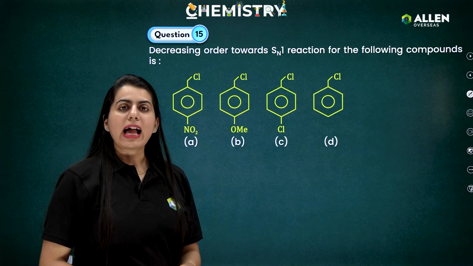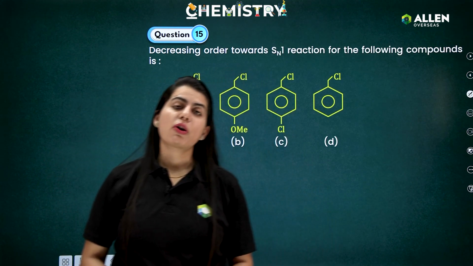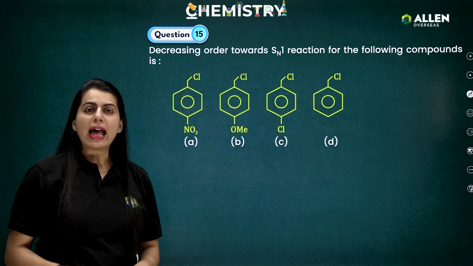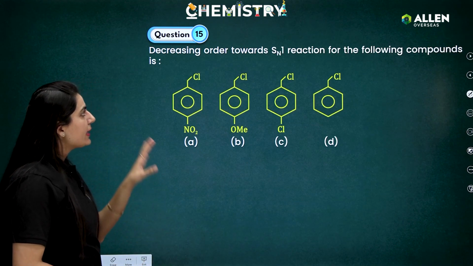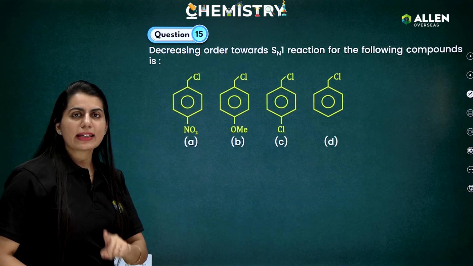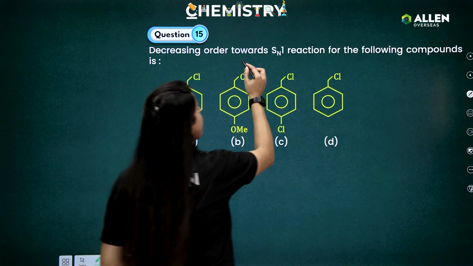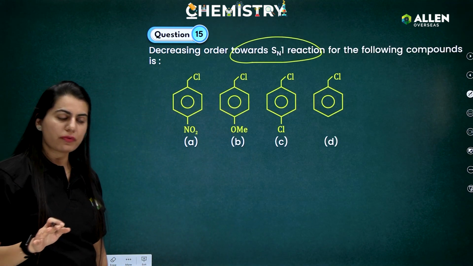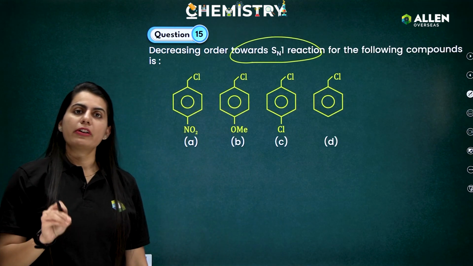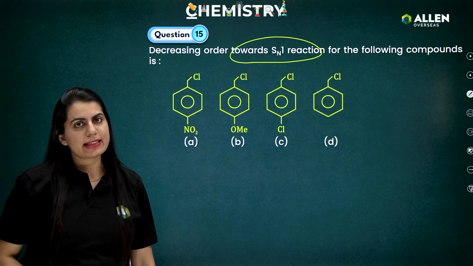Alright students, now we have question number 15, which is from SN1 reaction, from your haloalkane and haloarene chapter. You can clearly see here that they have asked the decreasing order towards SN1 reaction, and we'll keep in mind that SN1 reaction is a two-step process, where the first step is towards carbocation stability.